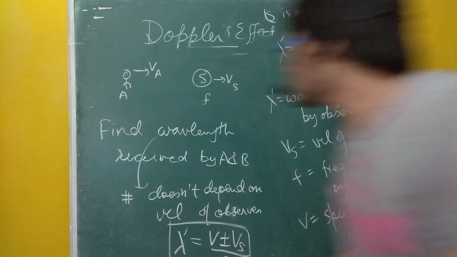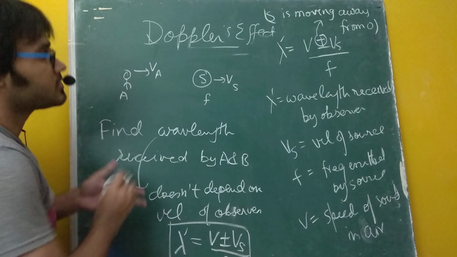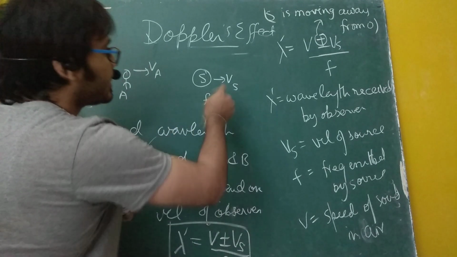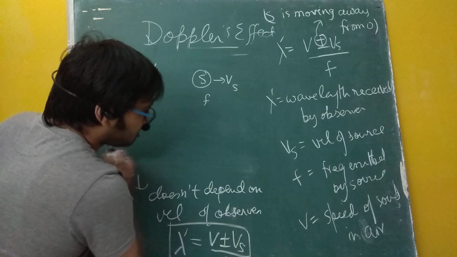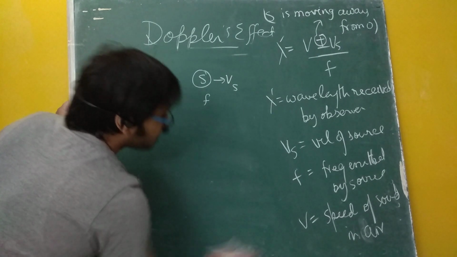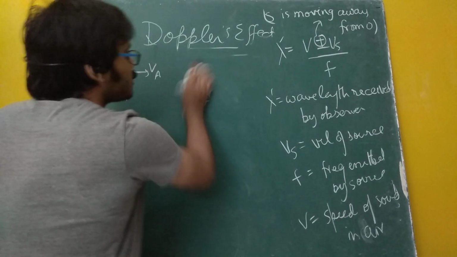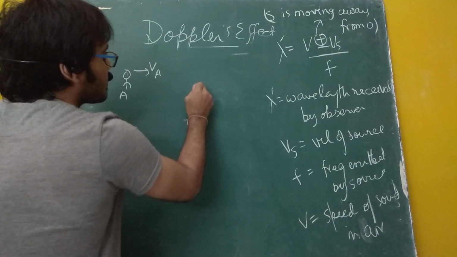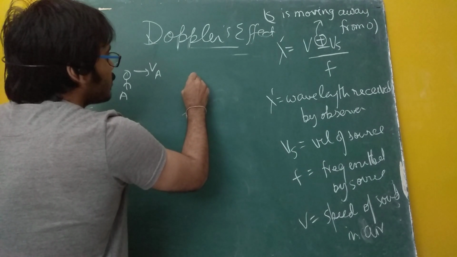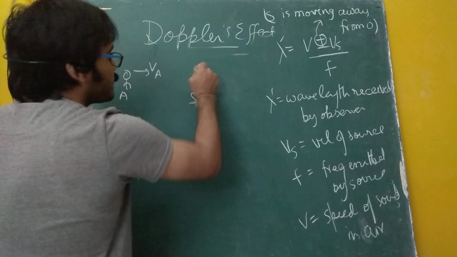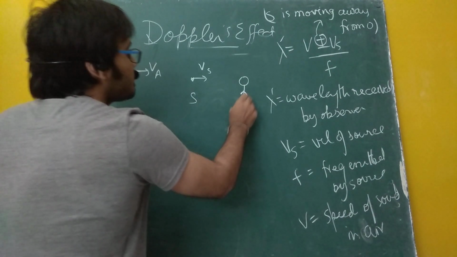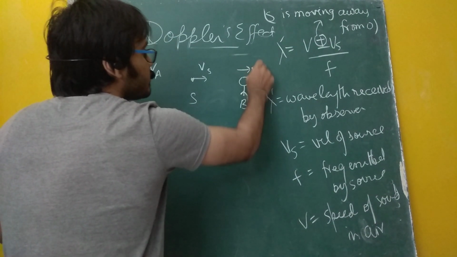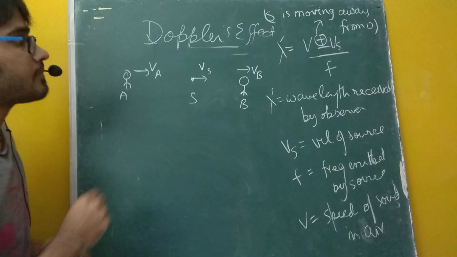Now let's apply this concept to the example which we have taken. I have rubbed the B part, so let me write it again. This is your source, moving with velocity Vs, and there is another person moving with velocity Vp. This is our example.